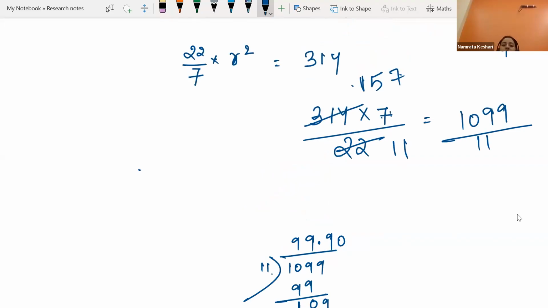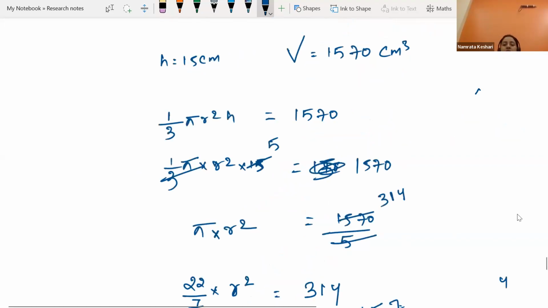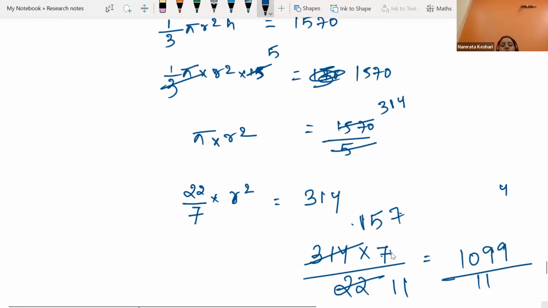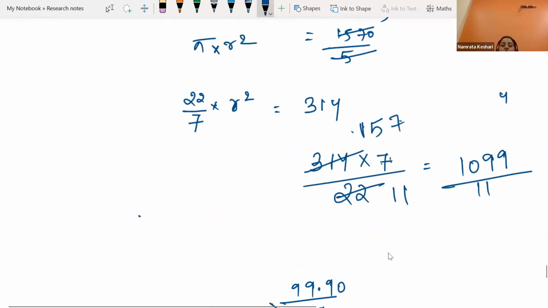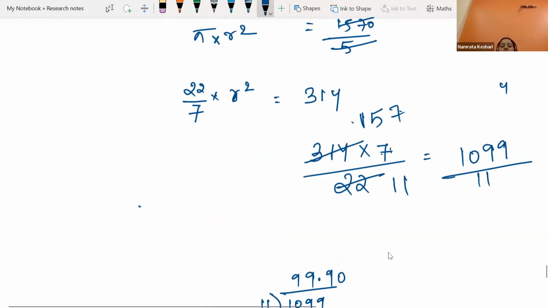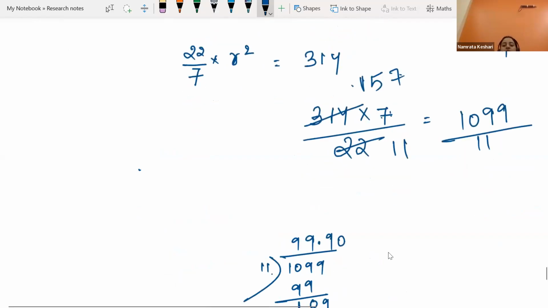She has taken pi as 3.14, and she got the radius as 10 centimeter. But we have taken pi as 22 by 7, and I told you, even if you take pi as 22 by 7, there will not be a huge gap. Can you see, inside the root we are getting 99.90.